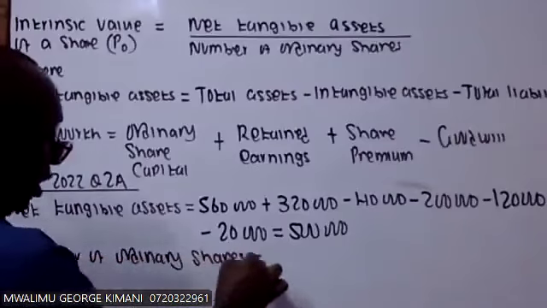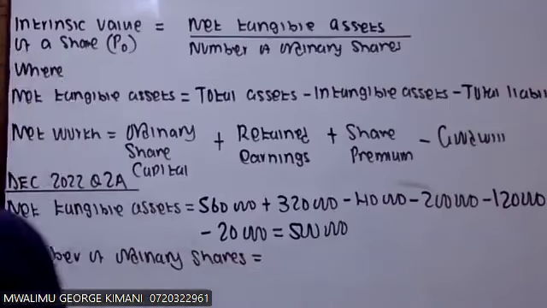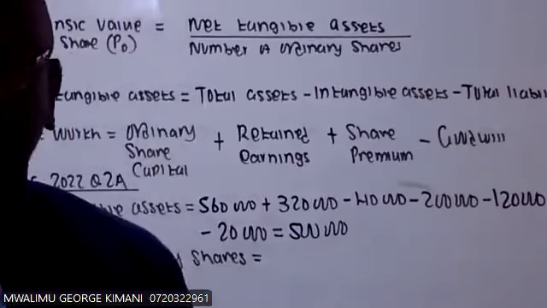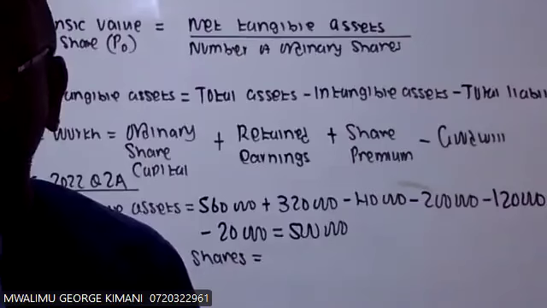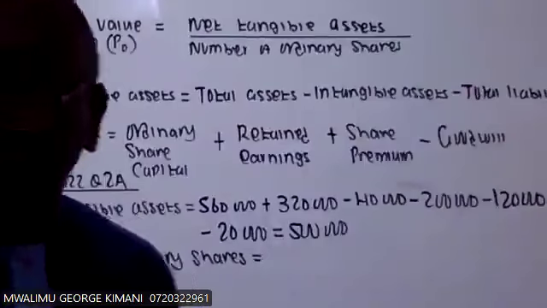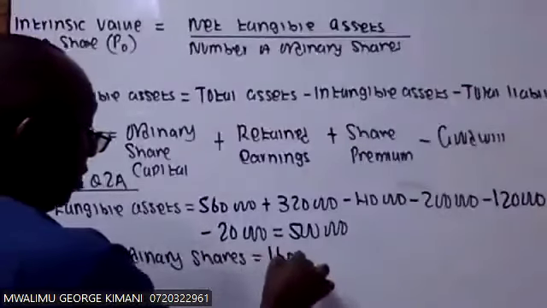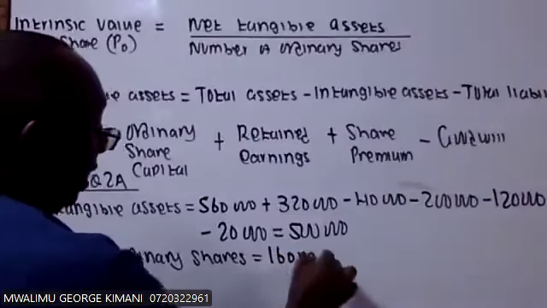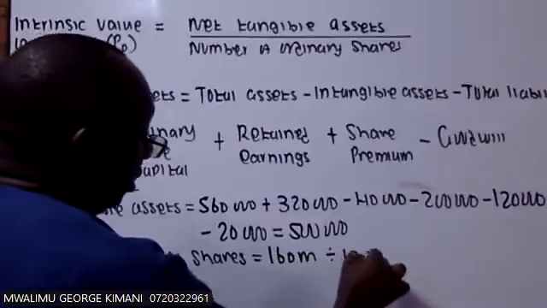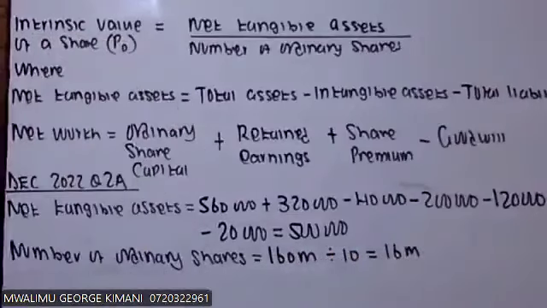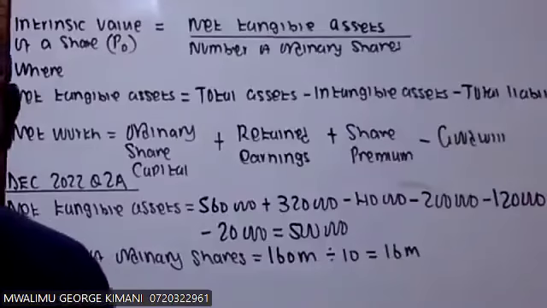The question says ordinary shares of 10 shillings each, 160 million. So you take the 160 million and divide by 10 shillings each, and this gives you 16 million.